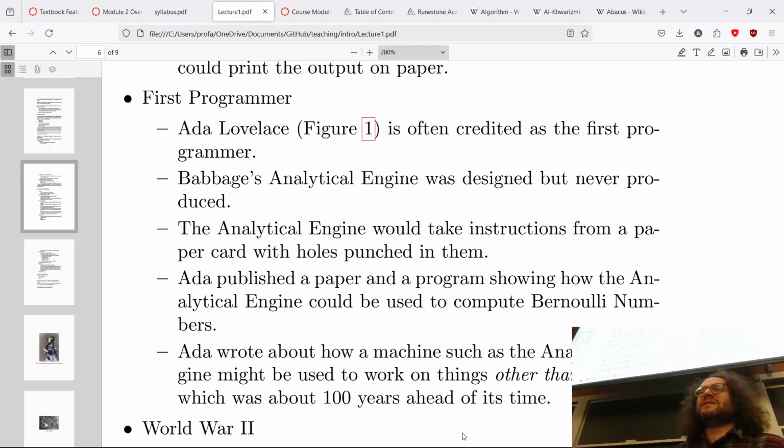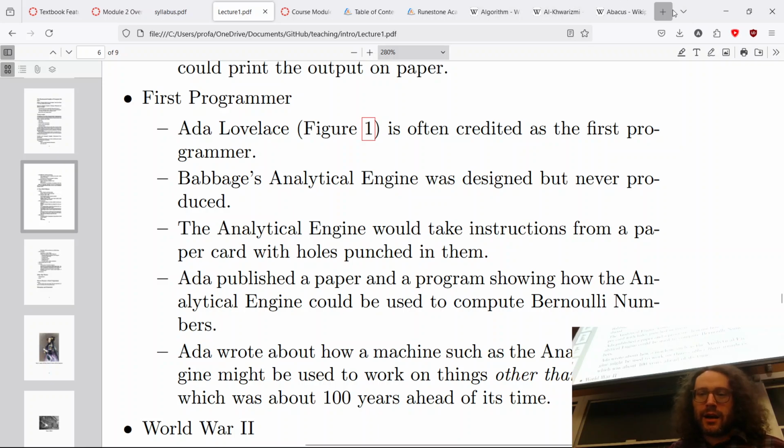So she, in essence, wrote the first program for this computer that never got the opportunity to be built. She also wrote about how a machine like this might be used to do things other than work on numbers, which is the big idea, her big contribution. The idea that you could do things other than mathematical calculations on these machines.